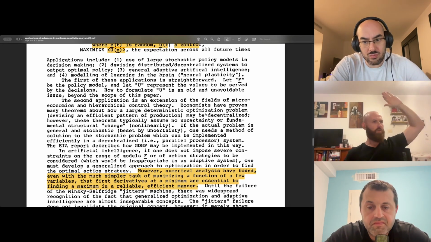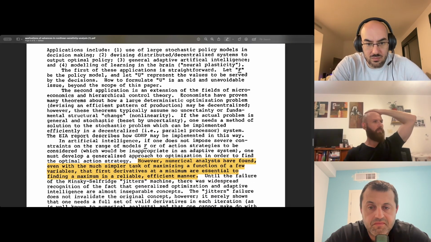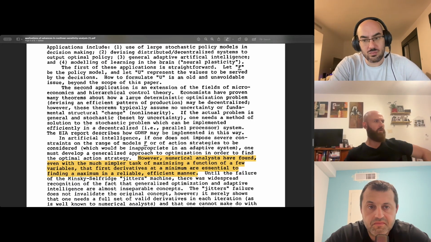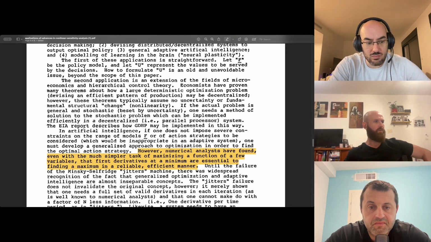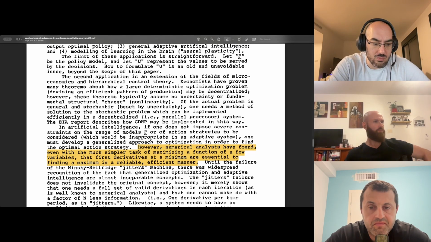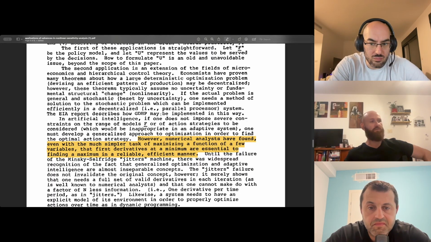Okay, you can decentralize the compute. But if it's stochastic, as he talks about, then it's a problem. Decentralized means parallel processing.